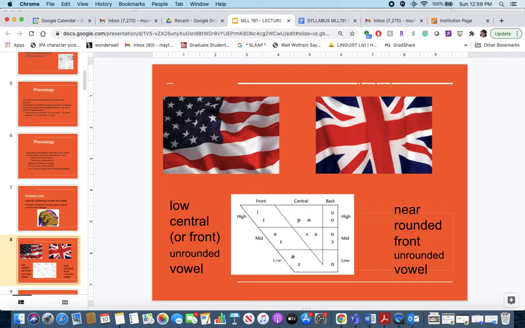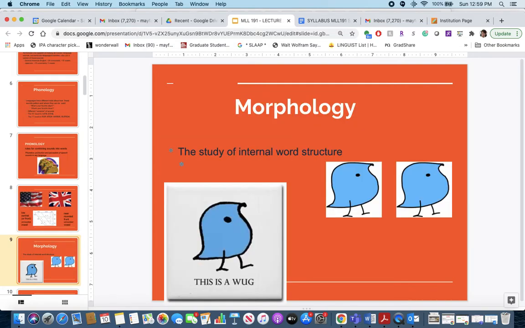A lot of Americans would say taco with the ah, right? That's a low central front unrounded vowel. If you're British, you might say taco, right? And that's more of a near rounded front unrounded vowel. So these are ways in which we can differentiate the same word with different pronunciations. We can use these IPA symbols to demonstrate that difference.